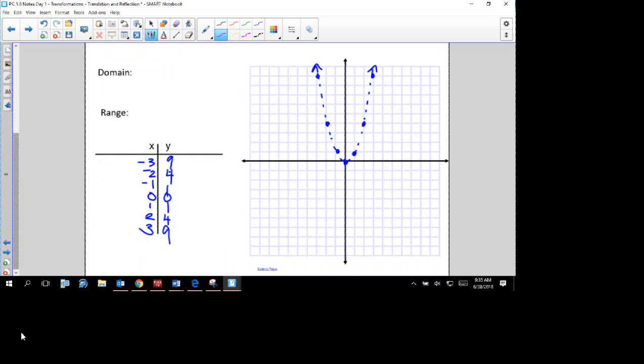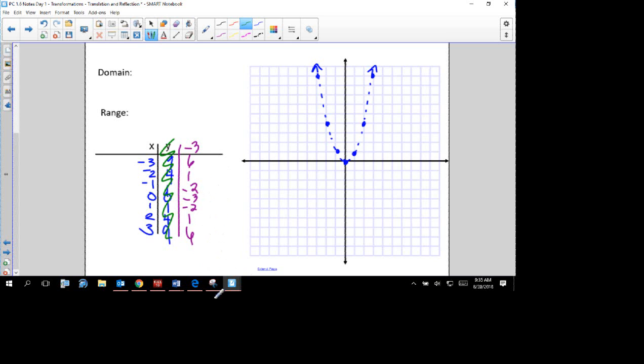So since we are going down 3 units, is that a vertical or a horizontal? Vertical, so on the vertical side, that's my y values. I'm going to write subtract 3 to all my y values, because that's what it's affecting, the vertical. So 6, 1. And then once I've replaced those y's with new y's, I don't need the old y's anymore.